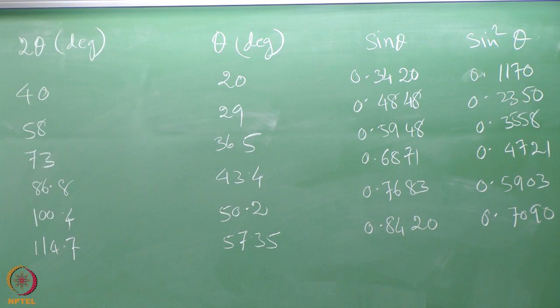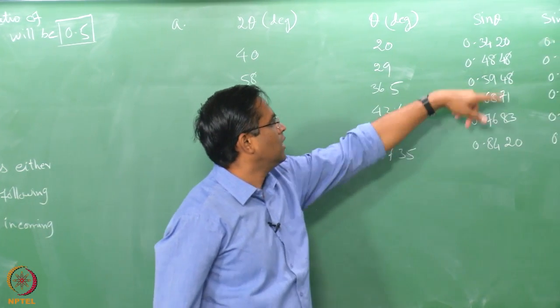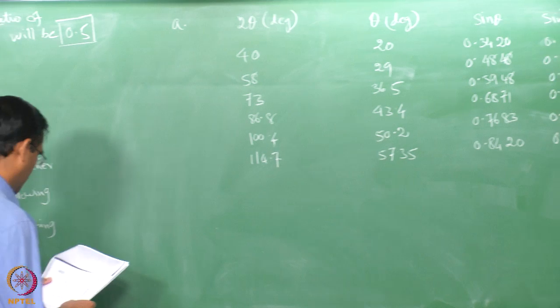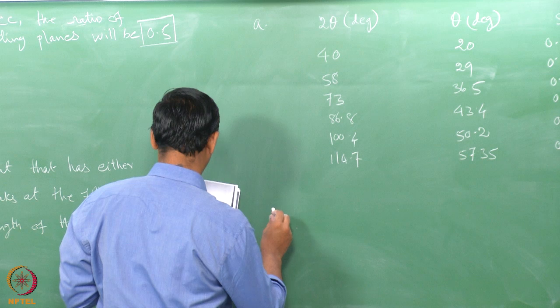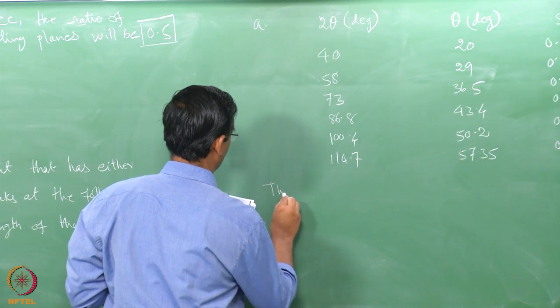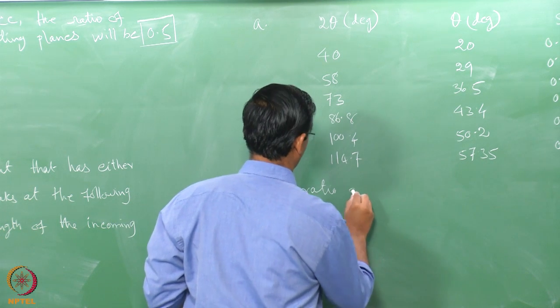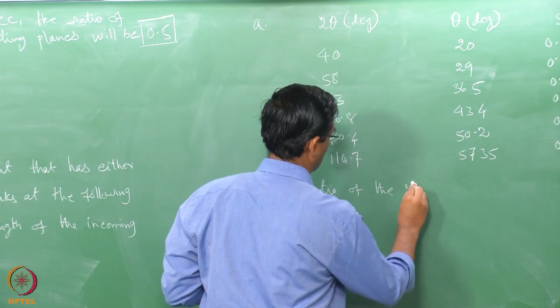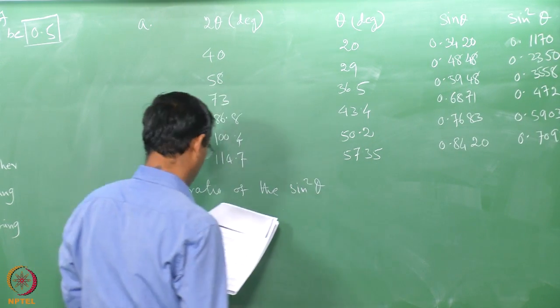So, what we have done now is we have the 2 theta values given here. We have tabulated the 2 theta values, and from those, the sin theta values and sin square theta values. Now, look at the ratios for the first and second angle.